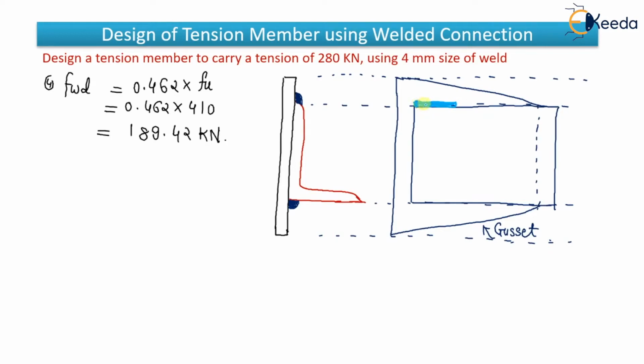This one will be the length of weld, and this part will also be welded like this. So this much will be the welding, and it is not necessary that on both sides the welding will be of the same length. It may be same, it may be different. I'll assume this one as L1 and this one as L2. And there will be a center line over here like this.